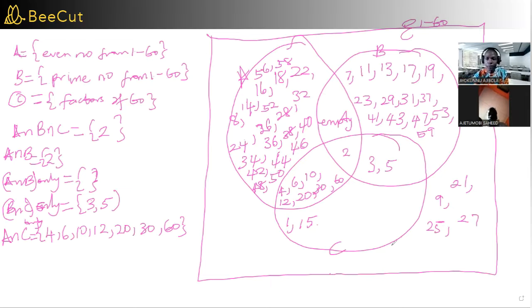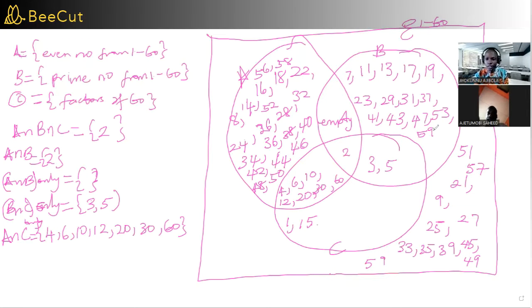So 27, then the next should be 33, the next should be 35, the next should be 39, the next should be probably 45, next should be 49, 51, the next then should be 57, and finally 59.